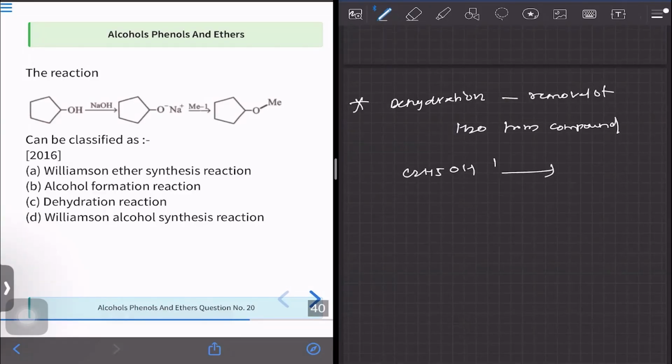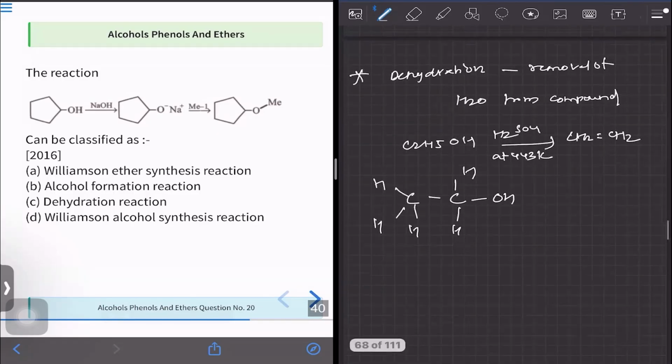Whenever it reacts in the presence of H2SO4 at 443 kelvin, it produces the following. In this, water is being removed. We are removing water from this molecule.